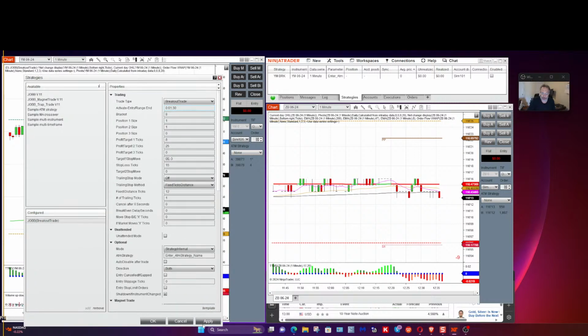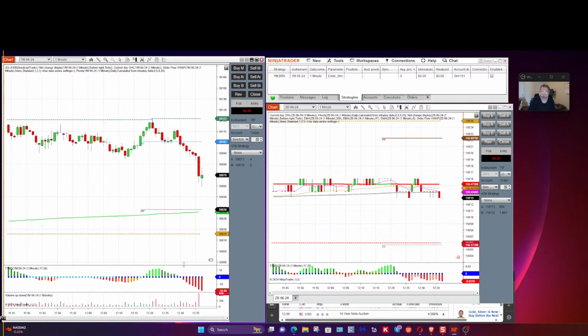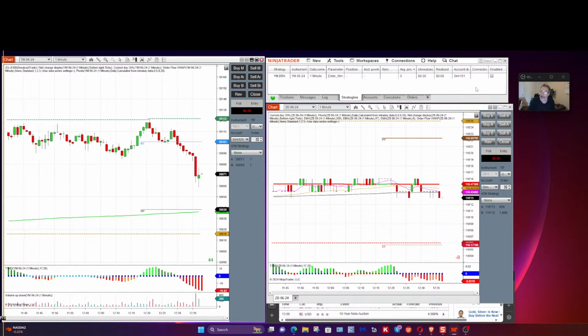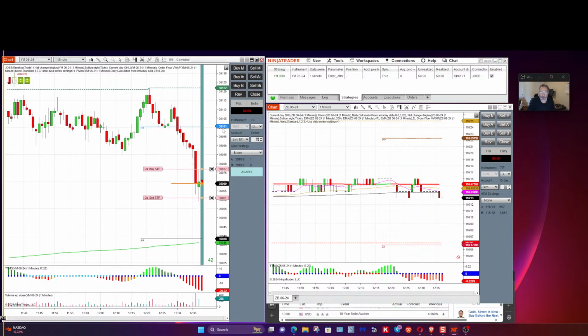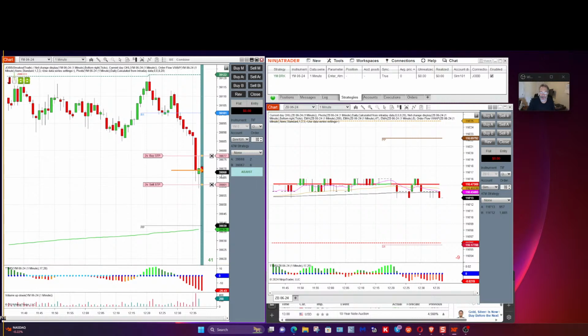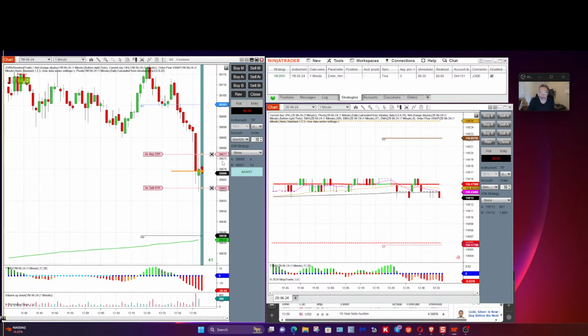When this report works, it tends to have a very bursting kind of a YM move. Checking the brackets. Now the market seems to be a little bit awake. So I don't want to get filled before the auction. I absolutely don't want to get filled before the auction. Okay?